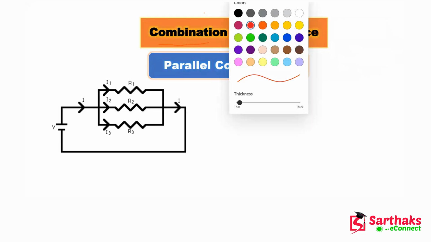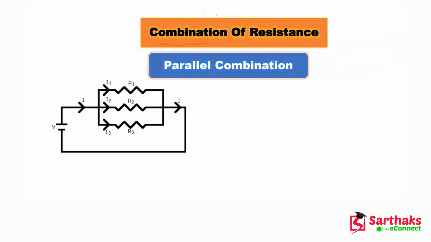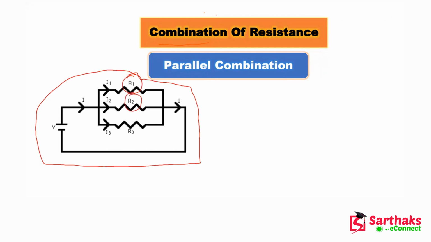Okay, so let's try to find out how we can do that. Basically, this is an image of a parallel combination. Here I connected a battery and also connected these three resistances R1, R2, R3.